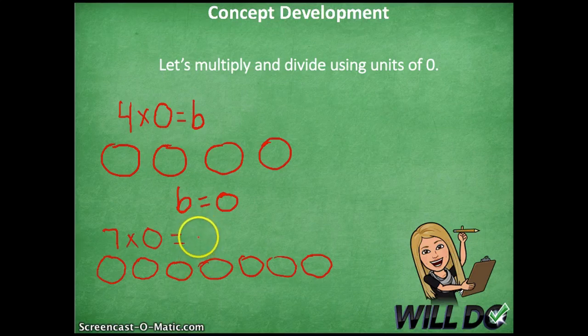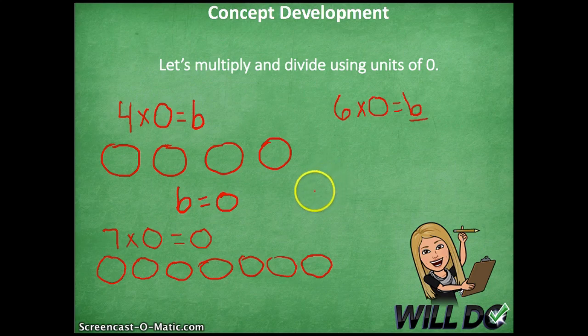So how many do we have all together? We have 0, or we could say B. Let's look at another one. We have 6 groups times 0 equals B.